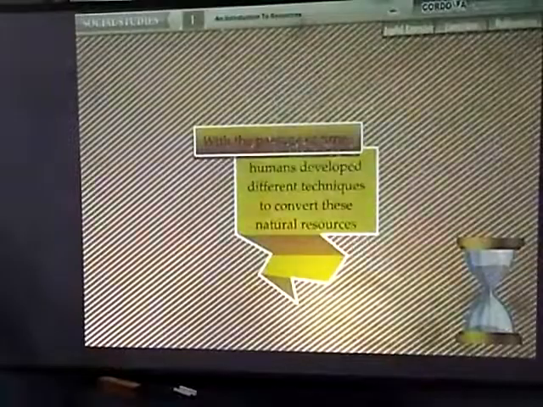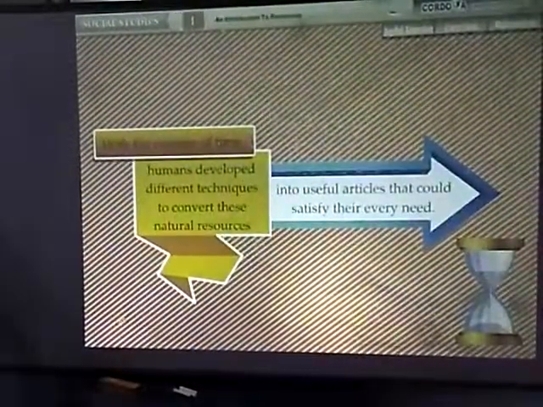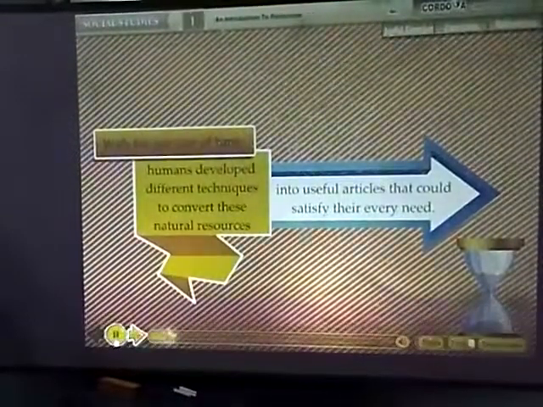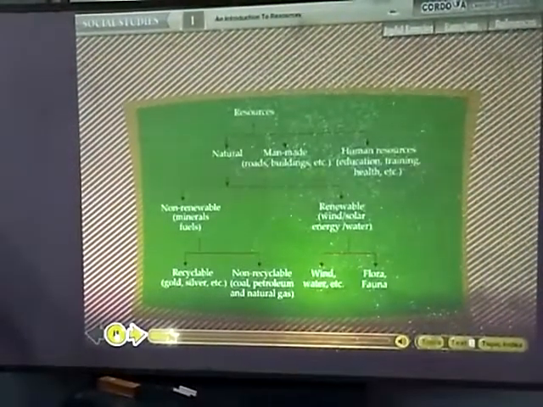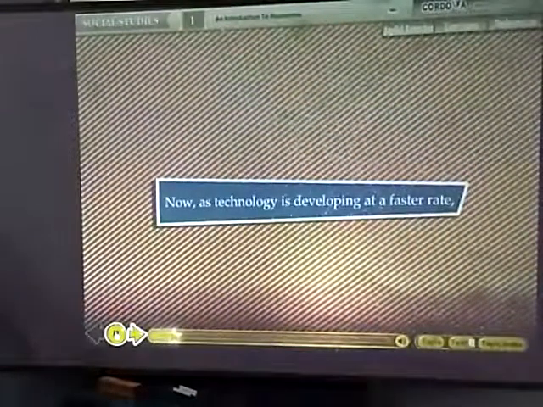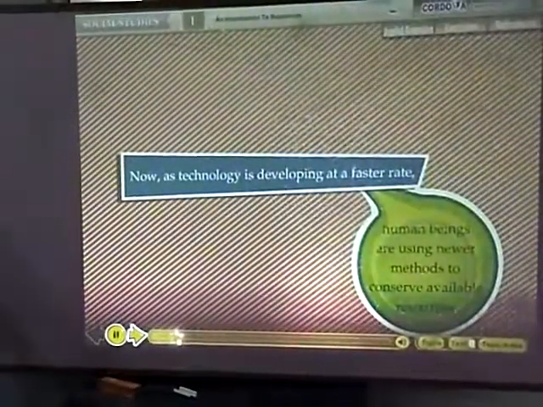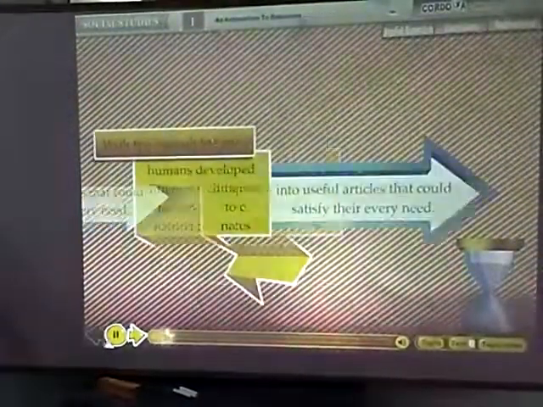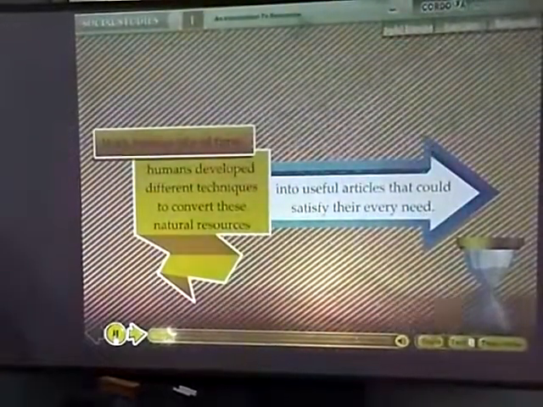With the passage of time, humans developed different techniques to convert these natural resources into useful articles that could satisfy their every need. Now, as technology is developing at a faster rate, human beings are using newer methods to convert this into useful articles that could satisfy their every need.